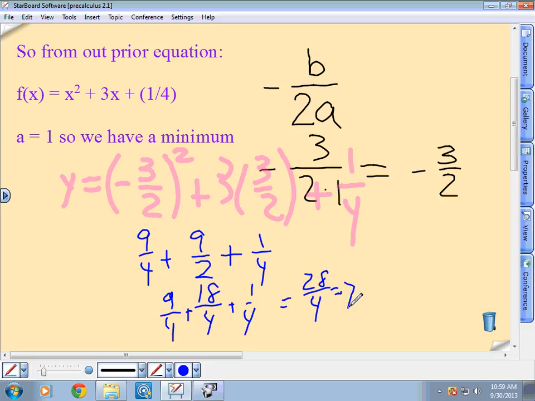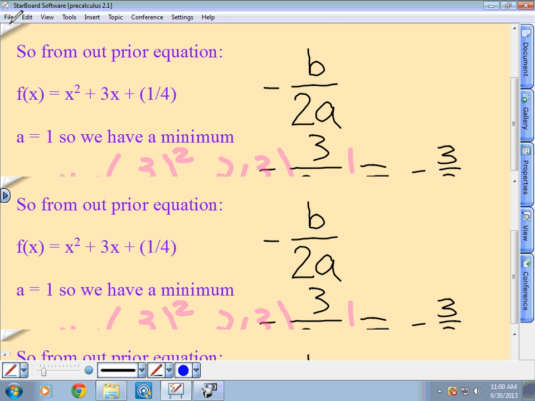Yeah, this is negative 3/2 when I put this in here. You're right. So there's my negative. So now it's 9 minus 18 is minus 9, plus 1, minus 8 fourths. Minus 2. Is negative 2 right?